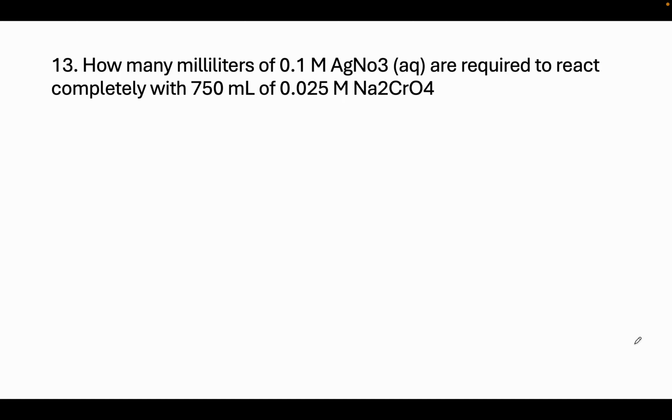So since we've got two different chemicals, AgNO3 and Na2CrO4, we know we're going to need a ratio.